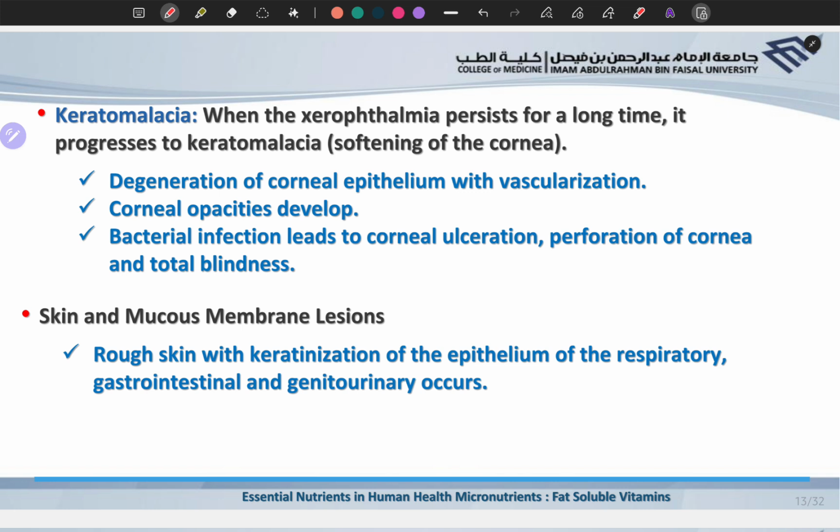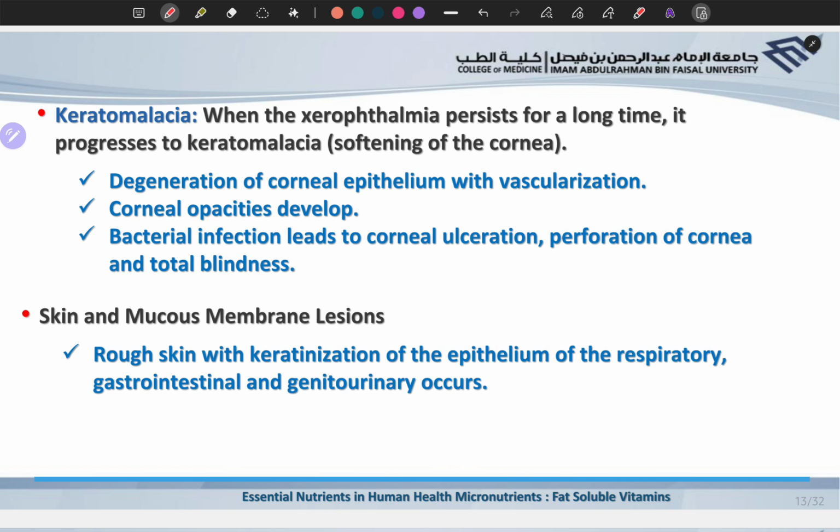There is degeneration of the corneal epithelium with vascularization. Normally there is no blood supply on the cornea, no blood vessels. Here vascularization develops. Corneal opacities develop. Later on, because of sloughing, bacterial infection is there, leading to corneal ulceration, perforation of the cornea and total blindness.